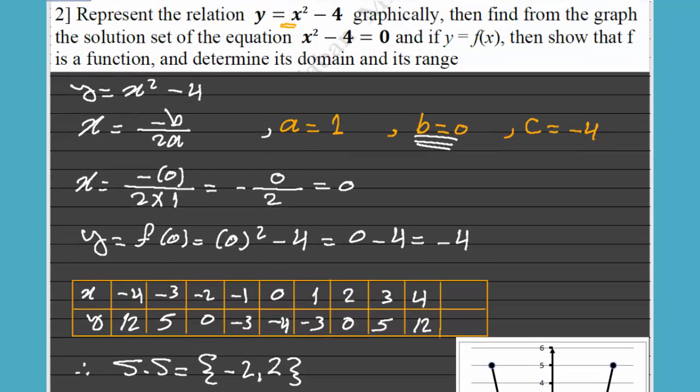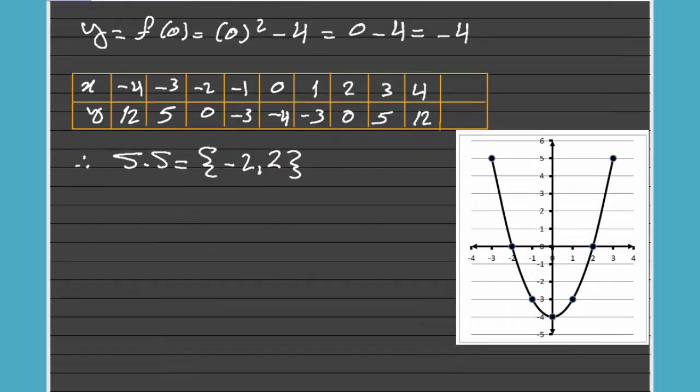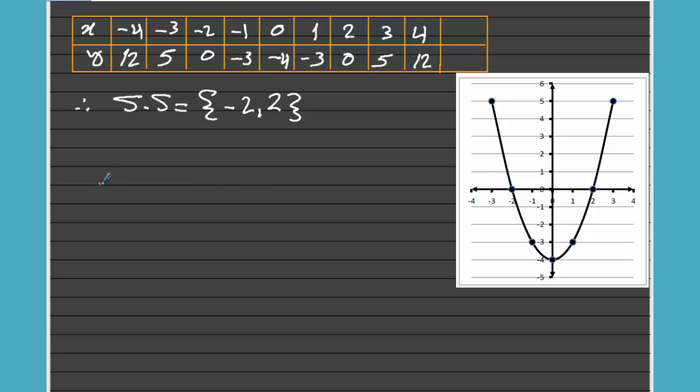Back to the question again. Then show that f is a function. Of course f is a function because we have the function here, y equals x squared minus 4. For every one value of x, we have one value of y.